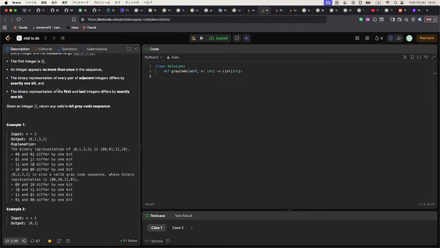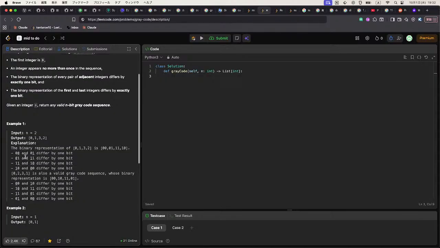The binary representation of every pair differs by exactly 1 bit. So this is 0 and this is 1, so they differ by 1 bit, the first digit, and this is 1 and this is 3, so they differ by 1 bit.